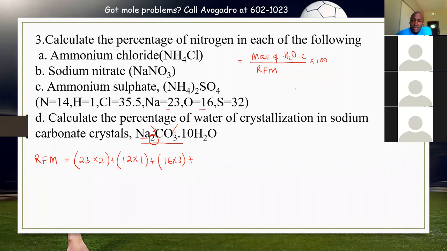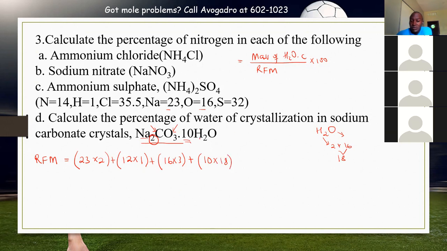water. Now, water already has hydrogen and oxygen. Hydrogen times 2, it is 2. 1 times 2. Plus oxygen, 16 times 1, it is 16. So basically, water we shall have 18. So if we have 10 water molecules, that means we shall have 10 times 18.